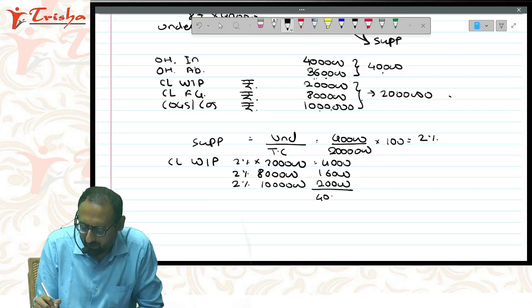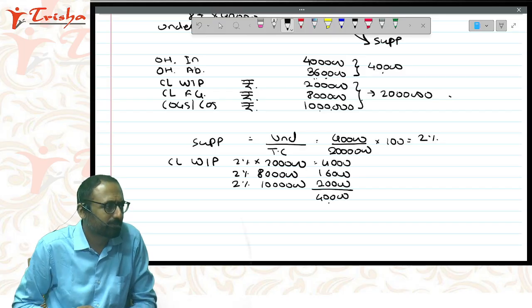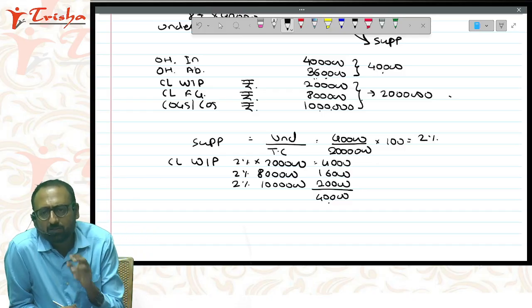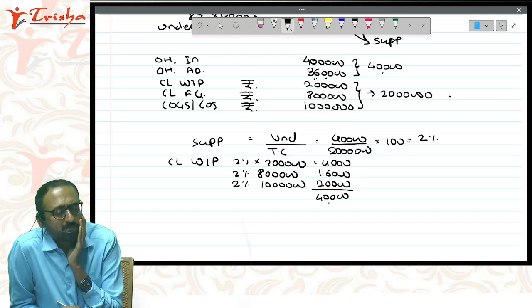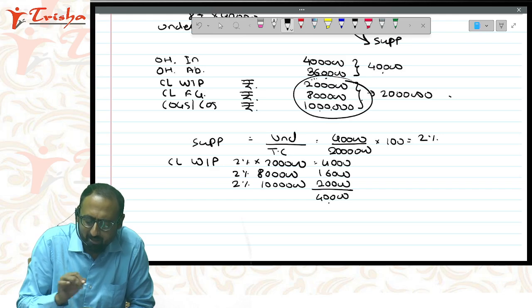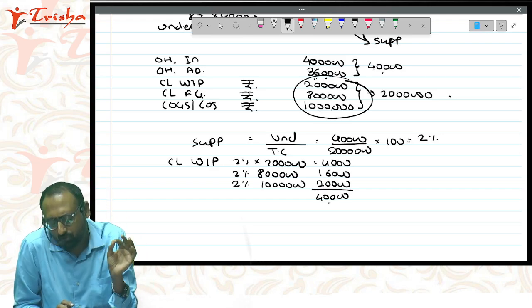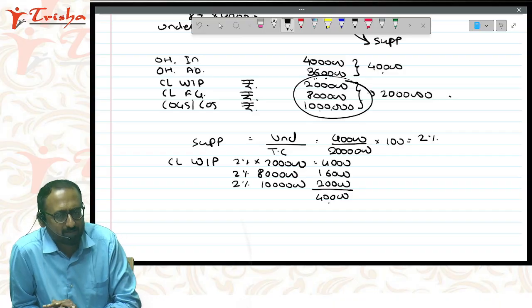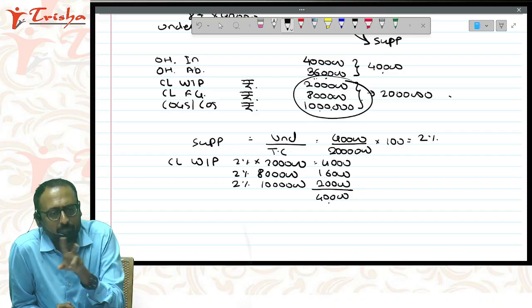This is how this 40,000 will be recovered. So the second method also we have seen: under absorption or over absorption divided by the rupee term of WIP stock, finished goods stock, and cost of goods sold or cost of sales, whatever is given in the question. The answer will be in a percentage.